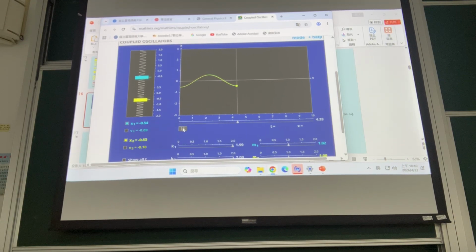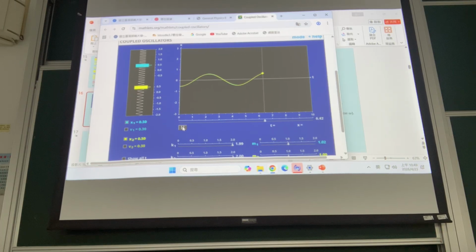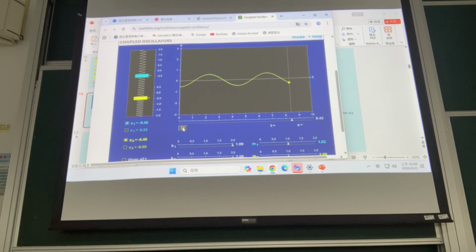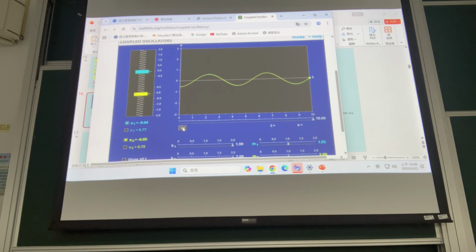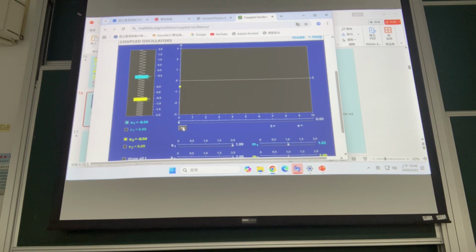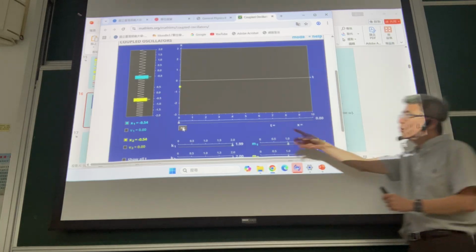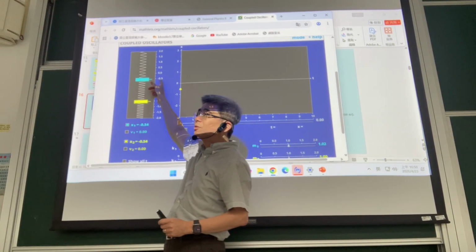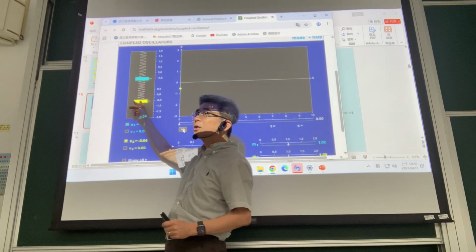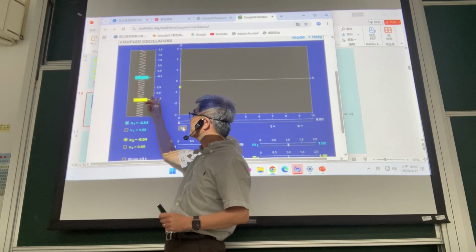So M1 oscillates on its own, M2 oscillates on its own. It's almost a decoupled situation, even though there is a spring in between. Because of the initial condition, for example here, I put the first particle starting from the point minus 0.5, the second particle also starting from minus 0.5.